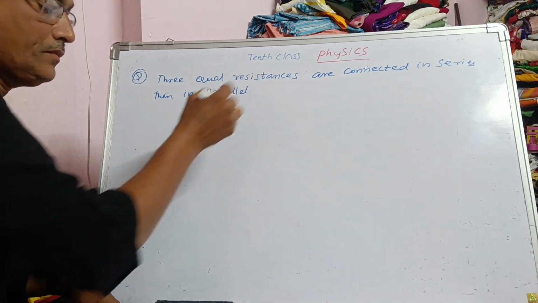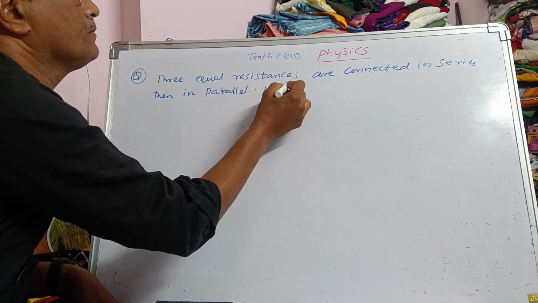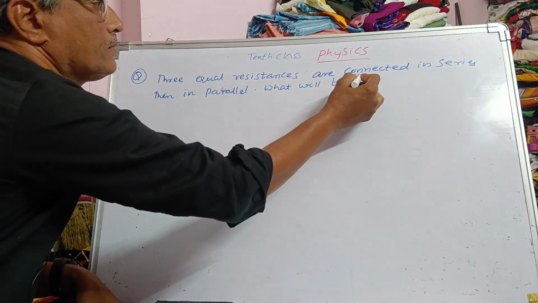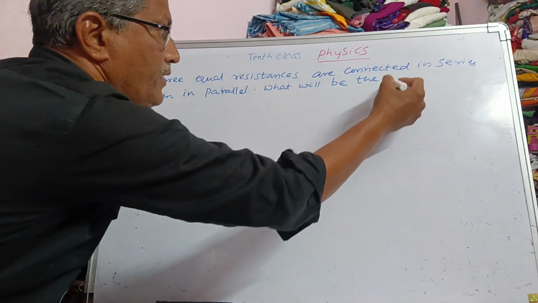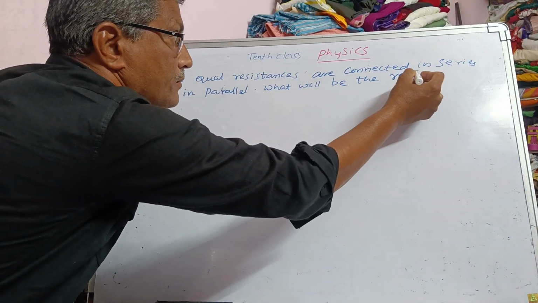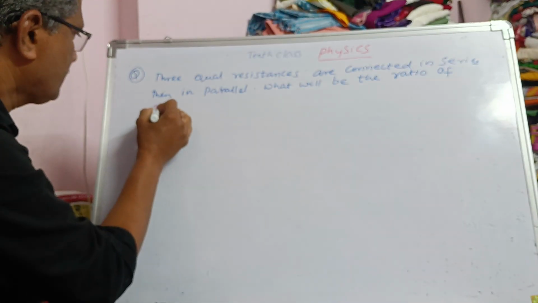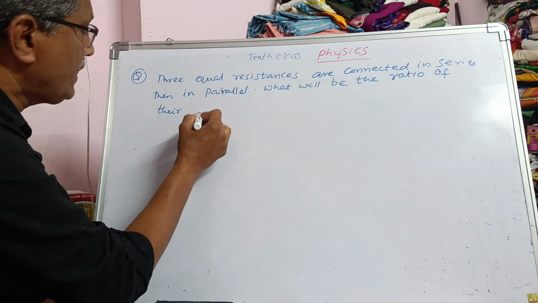What will be the ratio of their resultant resistances?